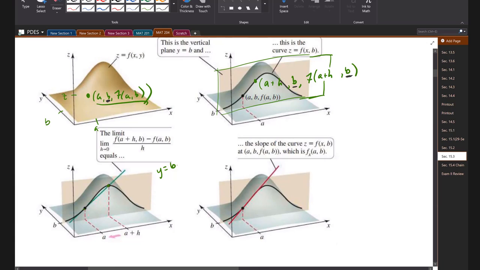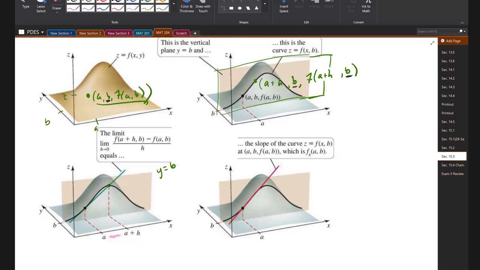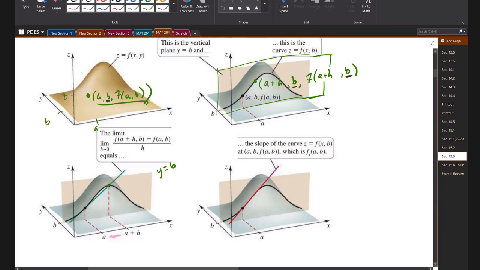And so even though y is an independent variable of this function, if we intersect the function with this plane, y does not change along this curve that's created by that intersection. Okay. And so here you can see the analog to computing the slope of the secant line between 2 points. So you would take this height minus this height divided by the change in the x coordinates.